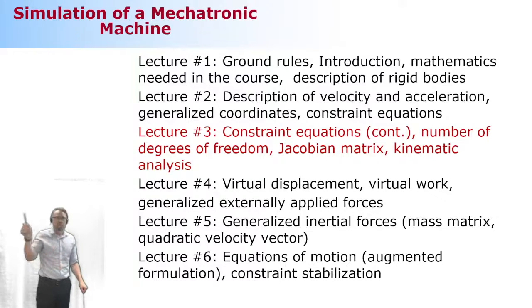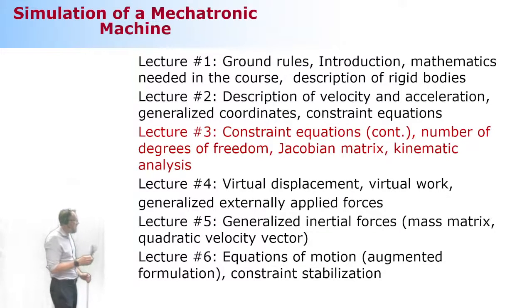Then we know the generalized coordinates, which is another vector representation. The Jacobian matrix is something where we're going to do a partial operation, such that we differentiate these constraints with respect to the generalized coordinates. The partial operation with respect to two vectors is going to give us a matrix. That's what we're going to learn today. And then we're going to see if we're going to be happy today.